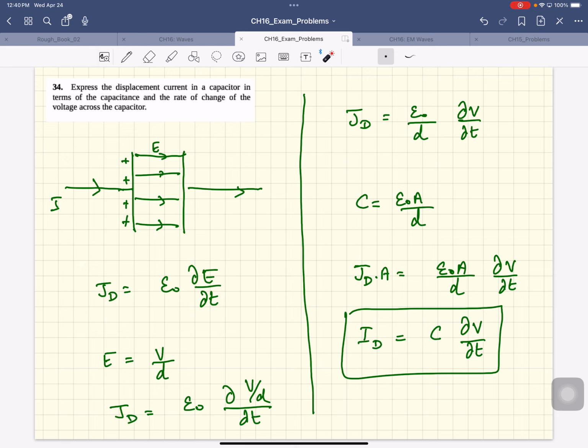So the capacitance times the rate of change of voltage across the capacitor acts like a current, and this current produces a magnetic field like that. This displacement current acts essentially like the same current.